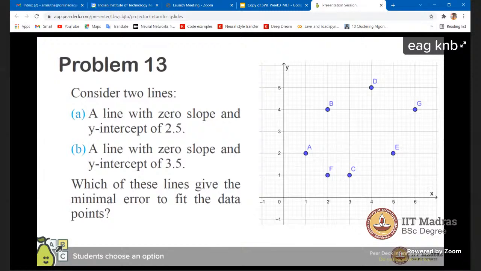I will give you one hint. No need to solve the least square approach. You simply have to find the sum of the residuals. I hope you know the term residuals. So just find the sum of the residuals for every data point. That will give you the error value. And tell me which line gives you the minimal error.